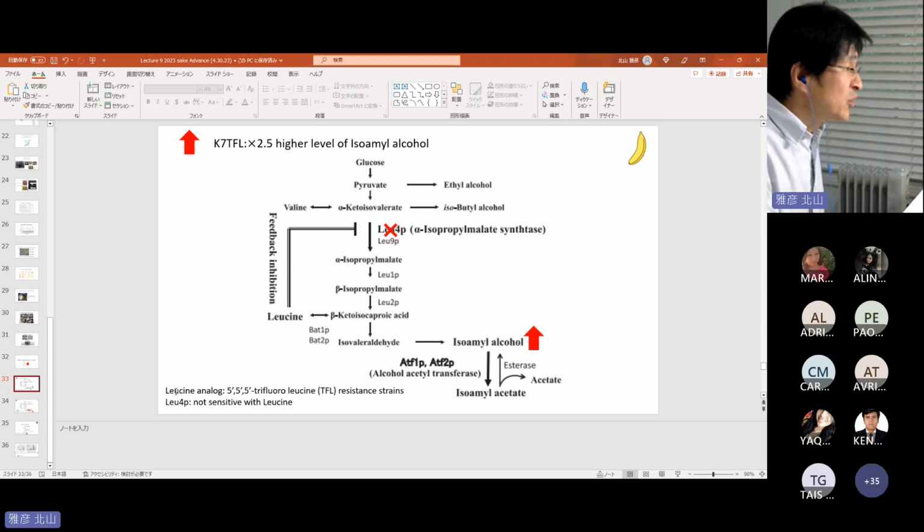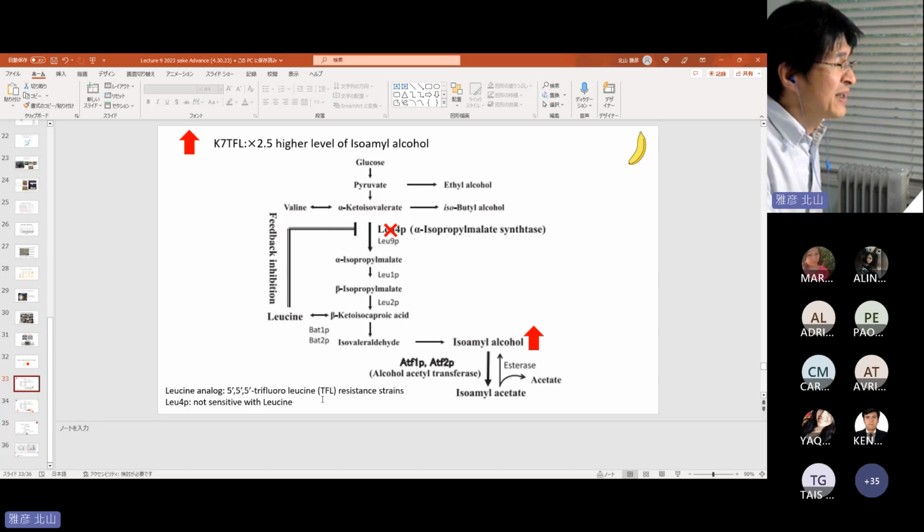So first, people try to isolate a mutant by isolating a resistant strain against the leucine analog 5',5',5'-trifluoroleucine. So this is a leucine analog.